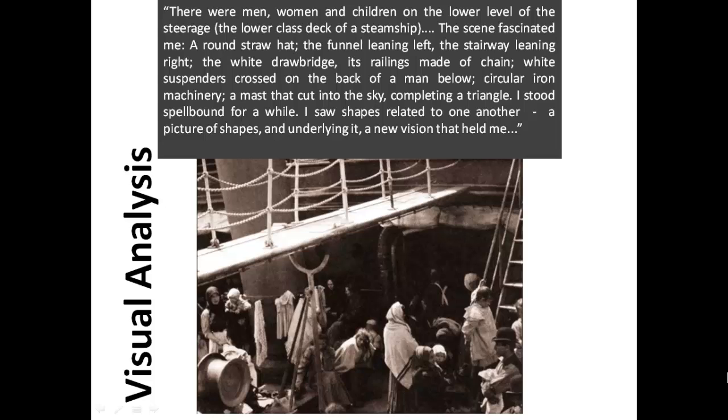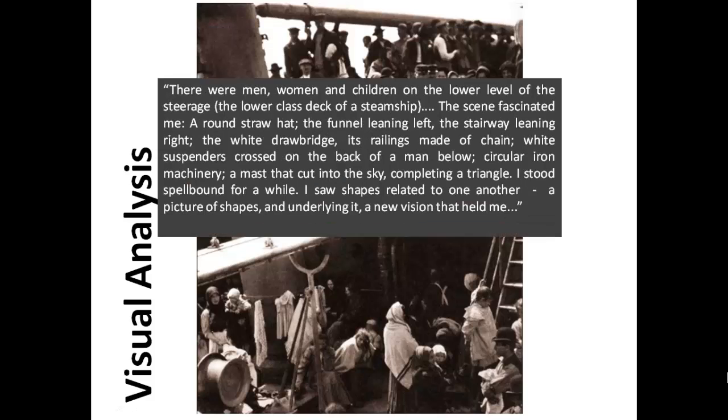A round straw hat, the funnel leaning left, the stairway leaning right, the white drawbridge, its railings made of chain, white suspenders crossed on the back of a man below, circular iron machinery, a mast that cut into the sky, completing a triangle. I stood spellbound for a while. I saw shapes related to one another, a picture of shapes, and underlying it, a new vision that held me.